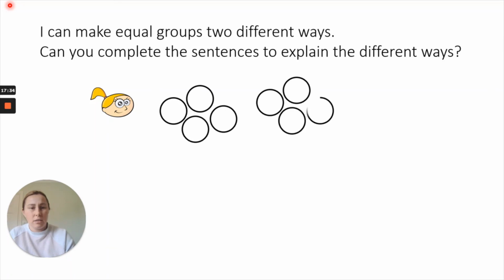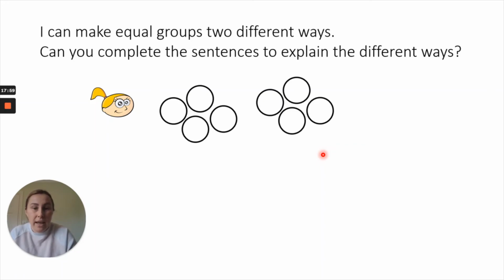So use the way that we have just looked at, and she has got how many groups? And how many circles, counters, have we got in each group? Can you write a sentence to say how many groups she's got and how many are in each group?